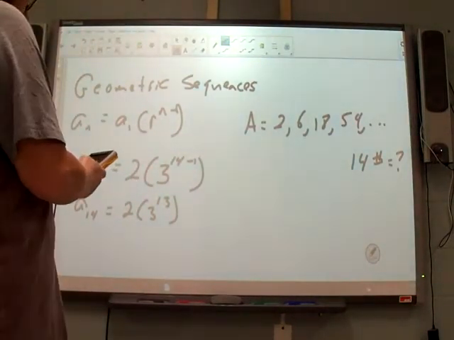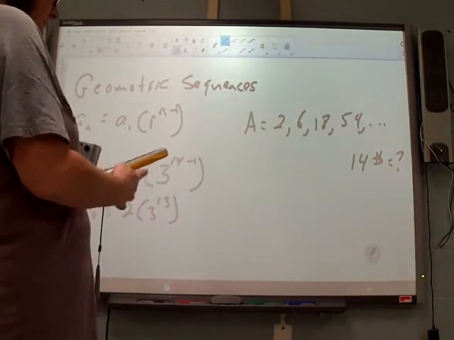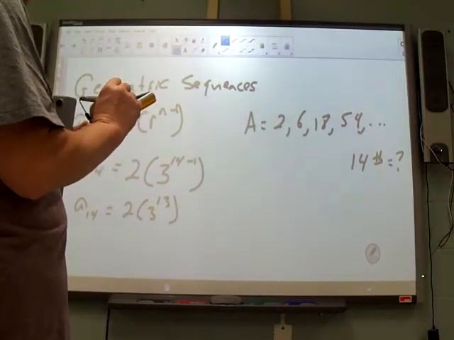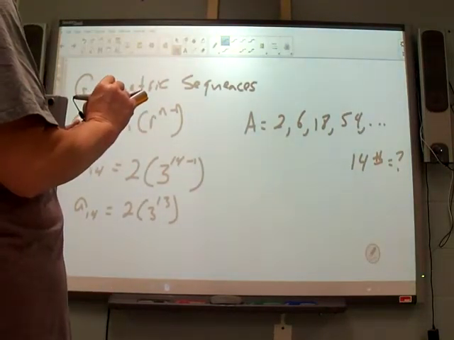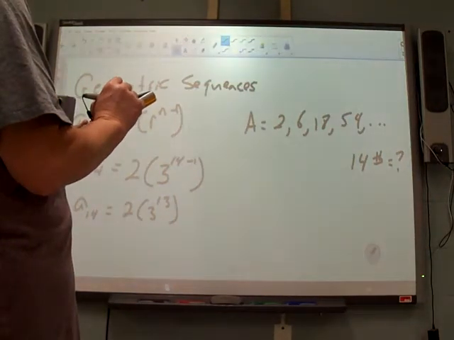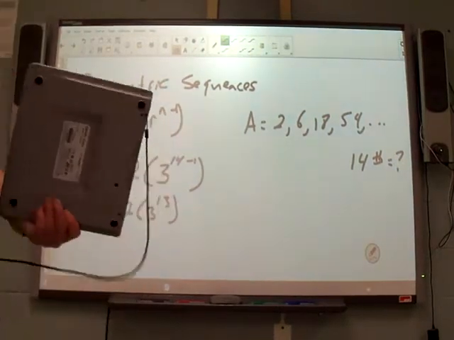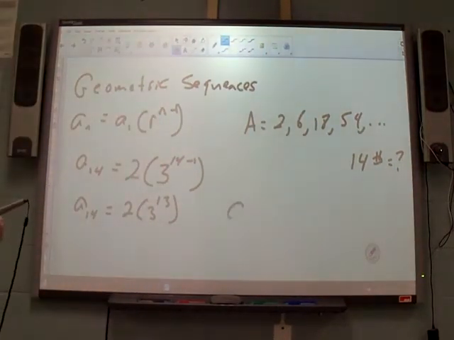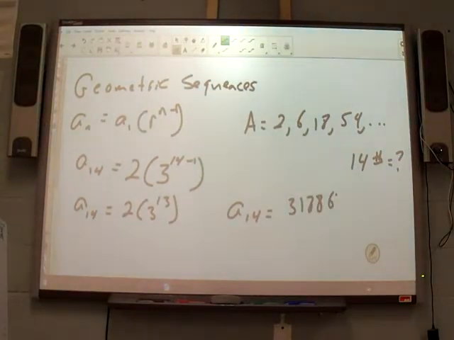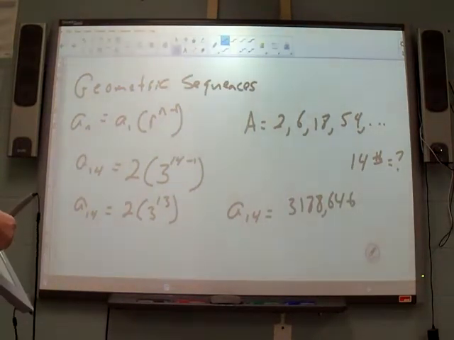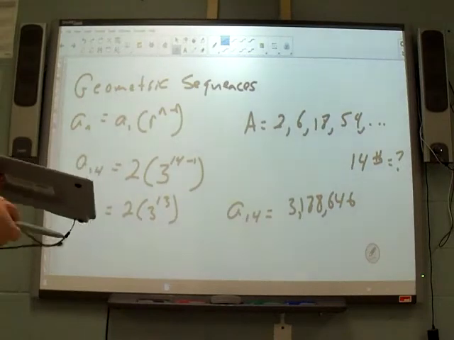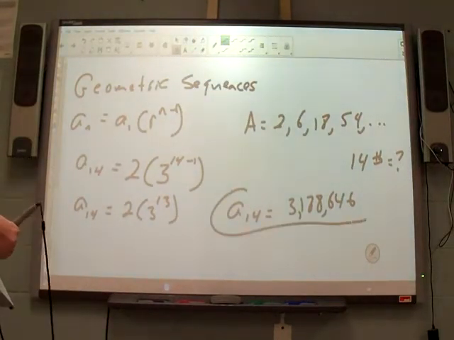Oops, I'm just going to hit times 2. Let's see how I would say that number. 3,188,646. So our 14th term in this sequence is 3,188,646.